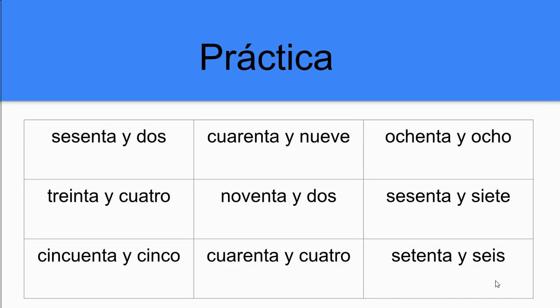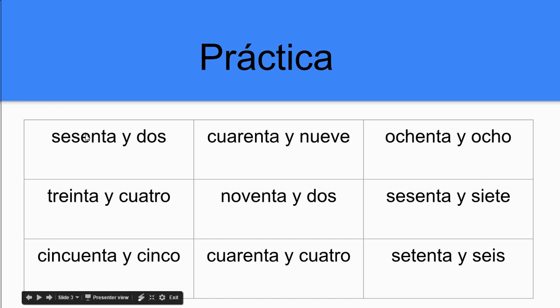A little bit of practice. If we look at these, we have the word, we have our and then we have our 1 through 9 digit number. So 62, 49, 88. And notice these words do not combine. We do not have a contraction occur with any of the numbers past 29.